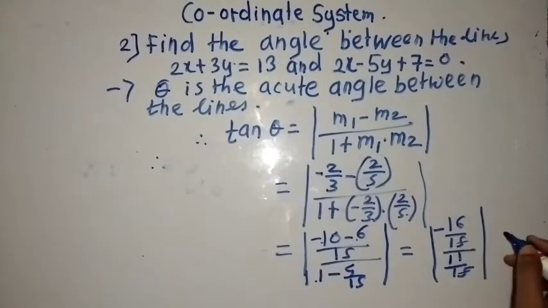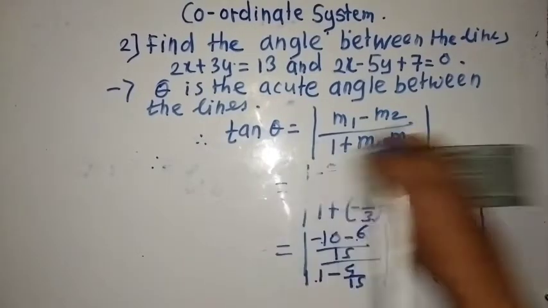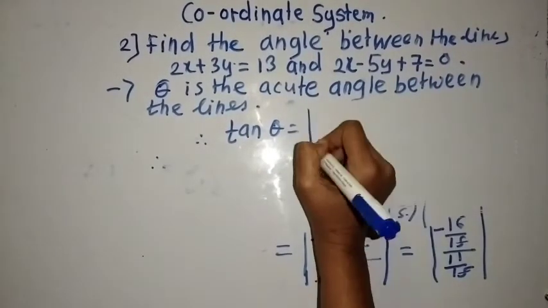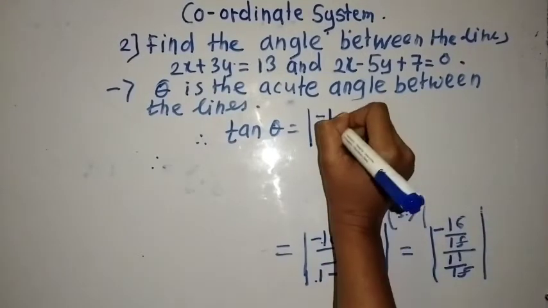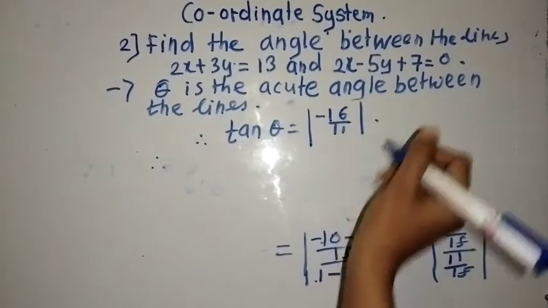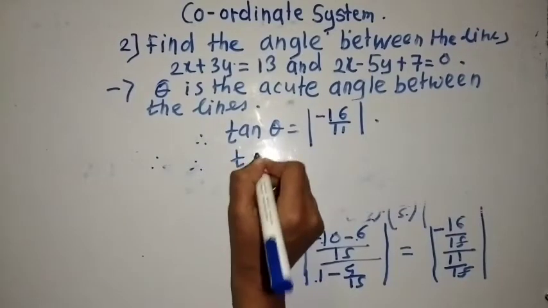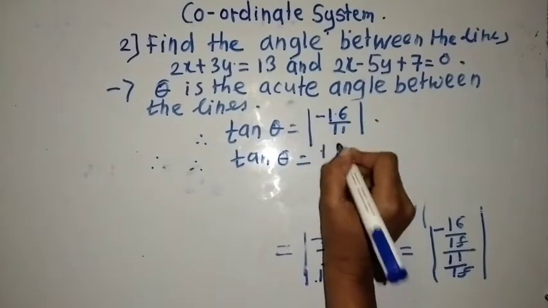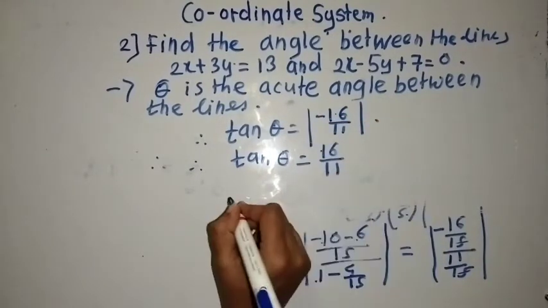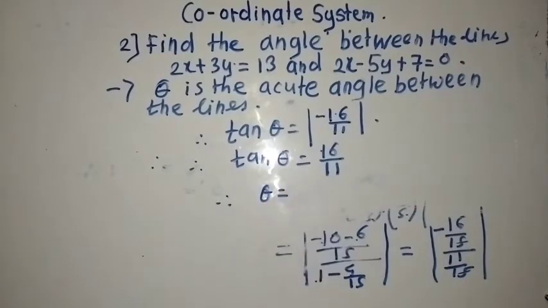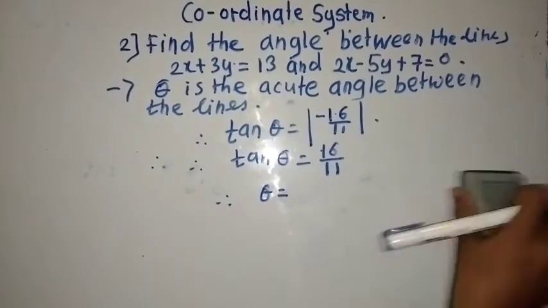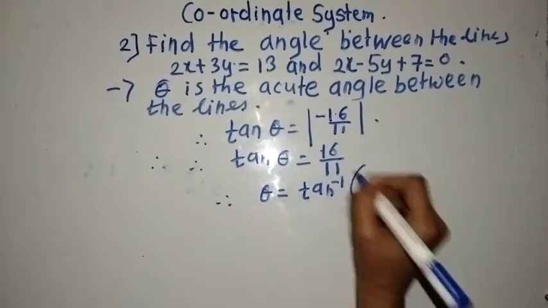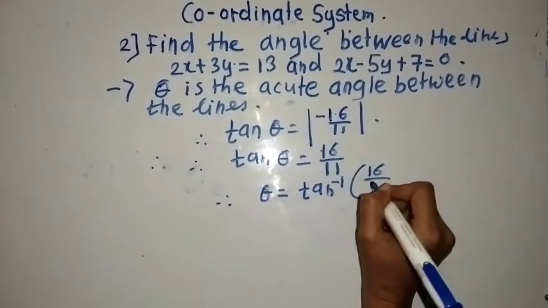Hence the 15s cancel, and we get tan theta is equal to minus 16 upon 11. The minus sign is cancelled because of the mod. Hence theta is equal to tan inverse of 16 upon 11.